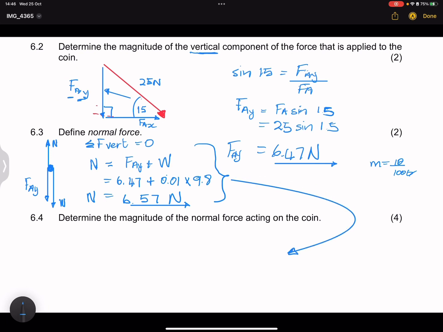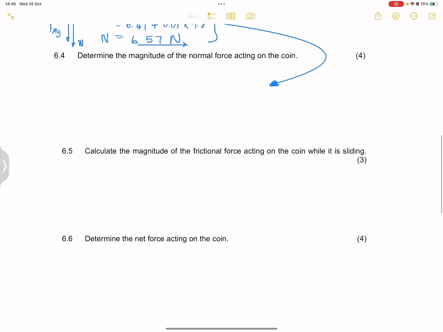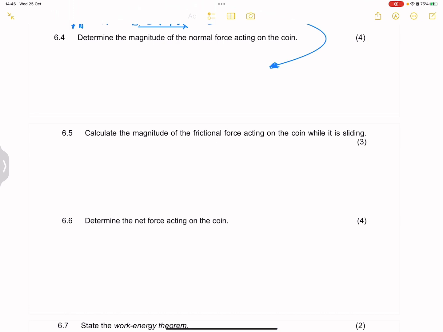Okay, right. There you would write the definition of the normal force, right? It's a force that is perpendicular to the surface, right? In this case, that would be the normal force. All right, so 6.5, they say to us, calculate the magnitude of the frictional force acting on the coin as it slides, while it is sliding.